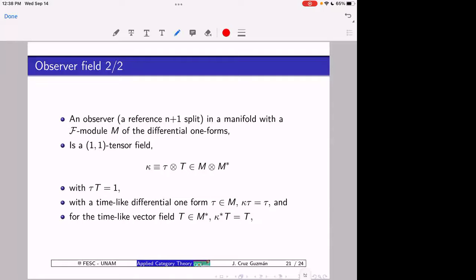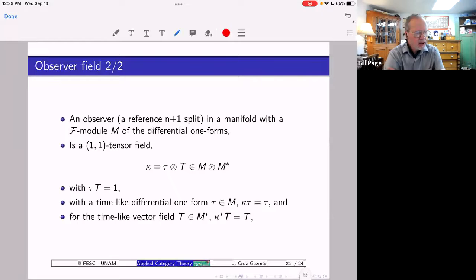Okay, this was what I had prepared. Then, here, this third point, you have tau t equals 1.